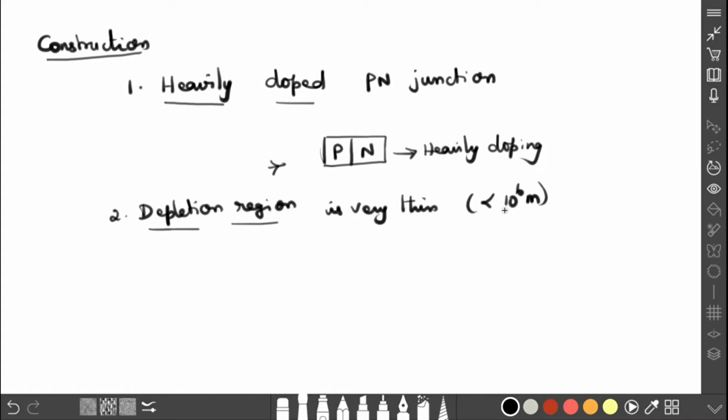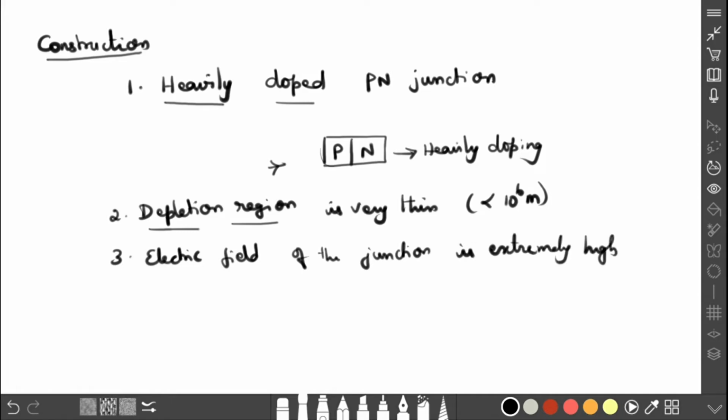Due to this, the electric field of the junction is extremely high. Due to heavy doping, the depletion region becomes very thin, and due to the thin depletion region, the electric field of the junction is extremely high.